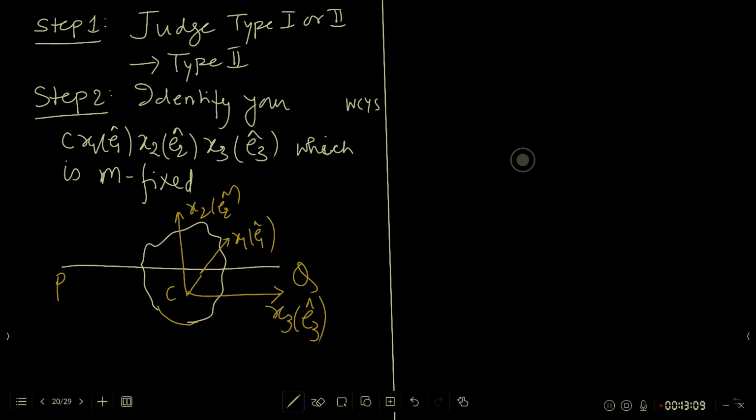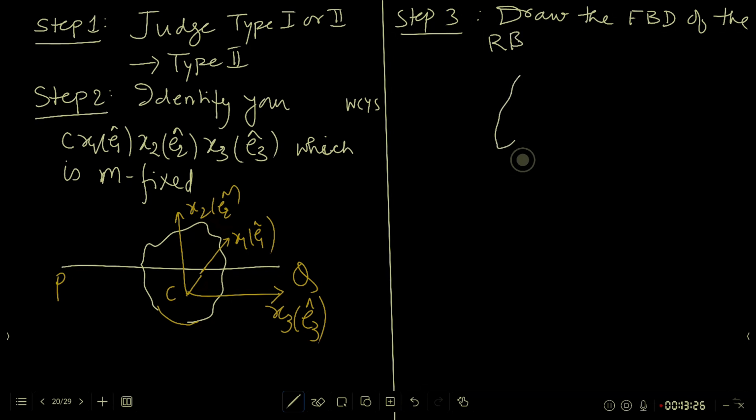Step 3, draw the free body diagram. This is the instantaneous axis of rotation.